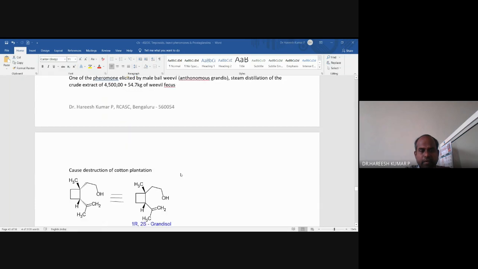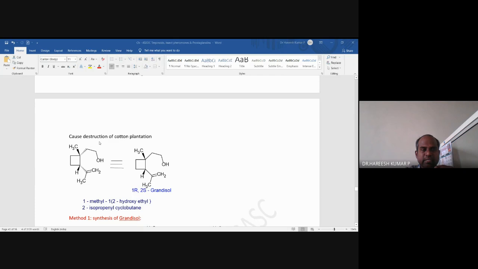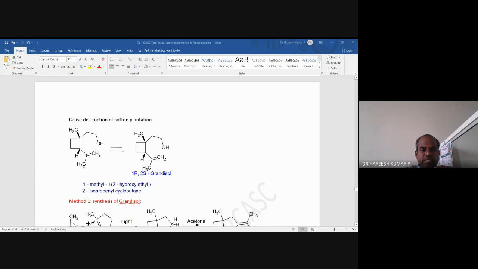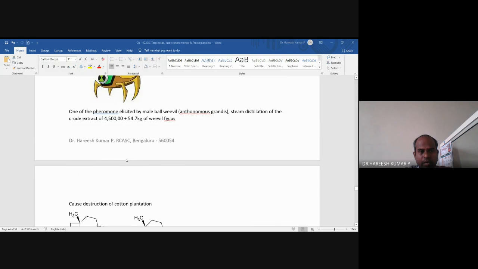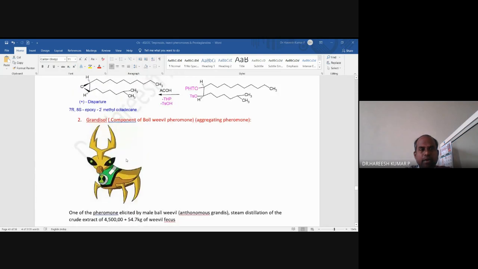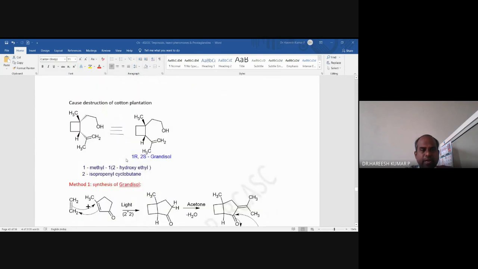The male boll weevil insect causes the destruction of cotton plantations. And this is the structure of grandisol.